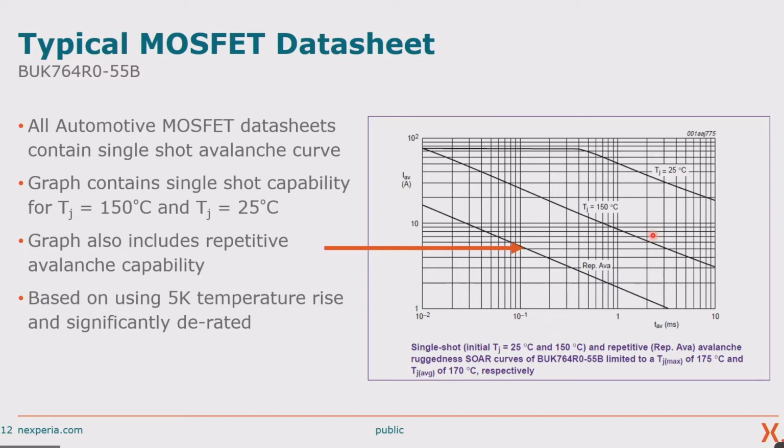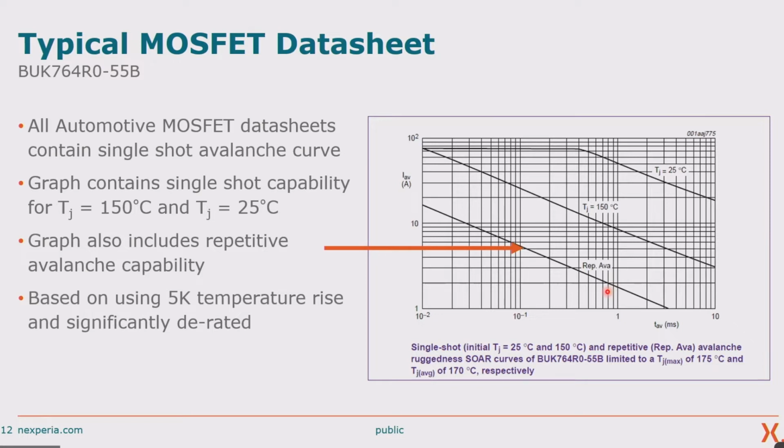However, as Richard noted, some applications use the MOSFETs in Avalanche on a regular basis. To give guidance for these applications, a third line limit is included for repetitive avalanche rating. However, this limit is very conservative and does not reflect the real capabilities of the MOSFETs in repetitive avalanche applications.